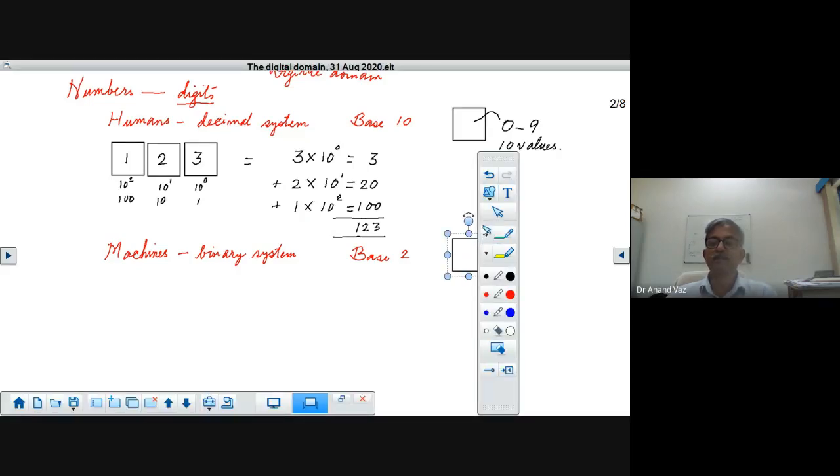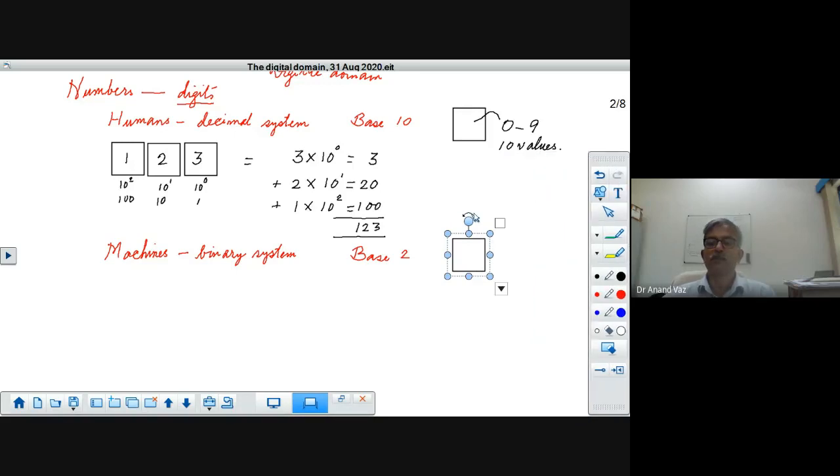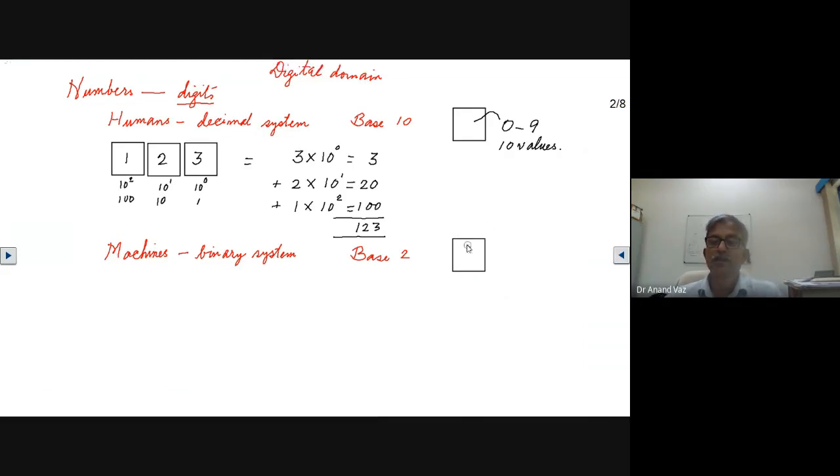So let's say this is a binary digit, and this binary digit is actually called a bit, BIT.